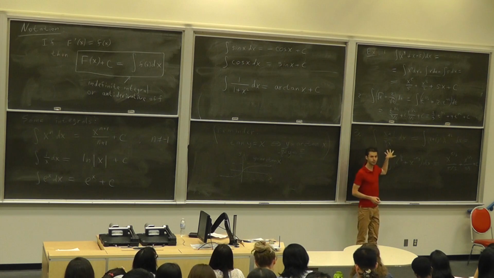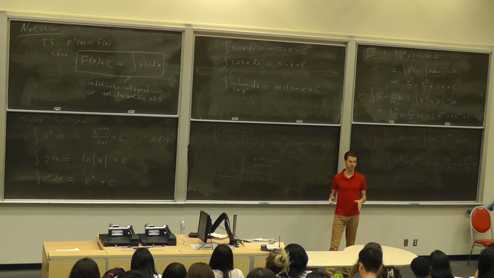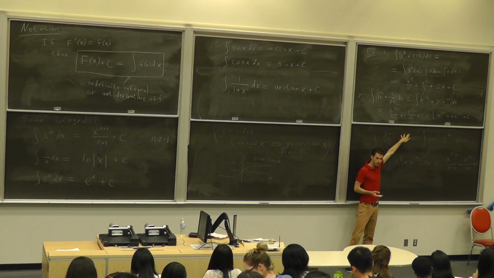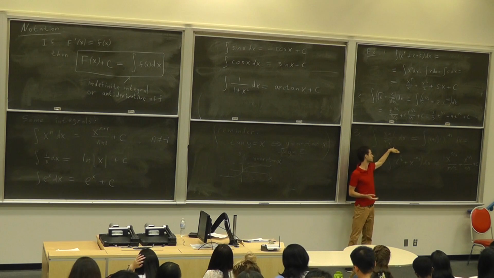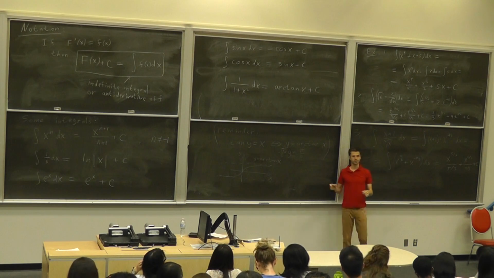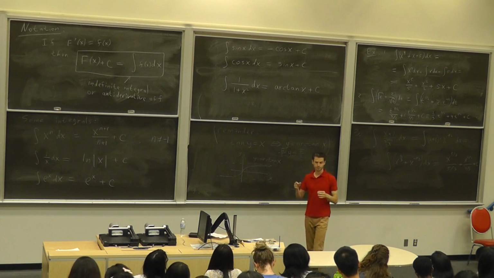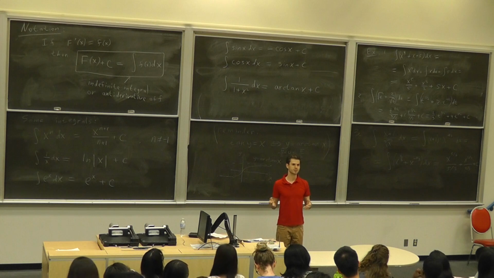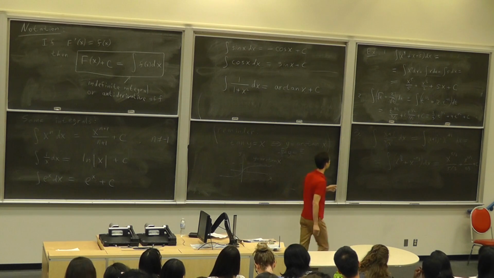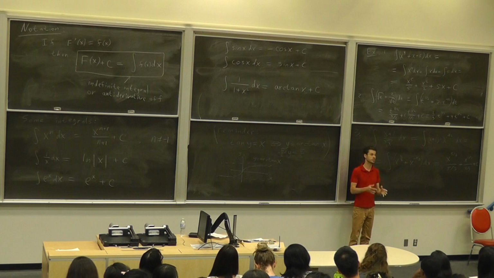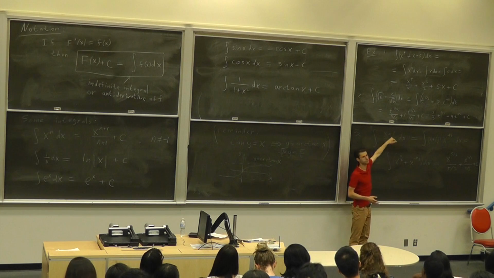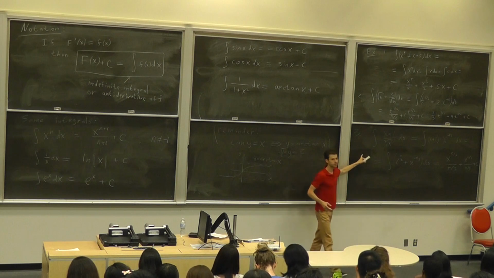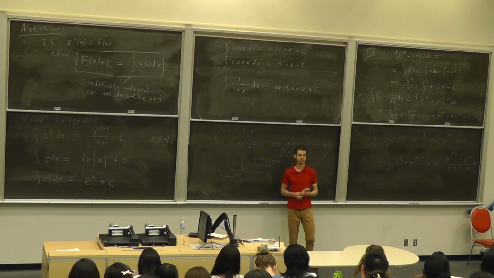So remember this trick, that you can take a function which looks like a polynomial divided by x to some power, and rewrite it as a sum of powers of x by dividing each of the monomials by this power of x. So questions about this exercise?